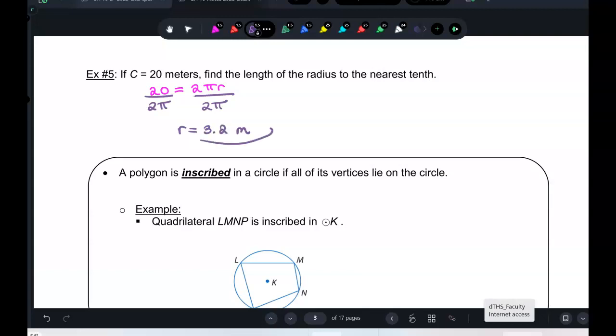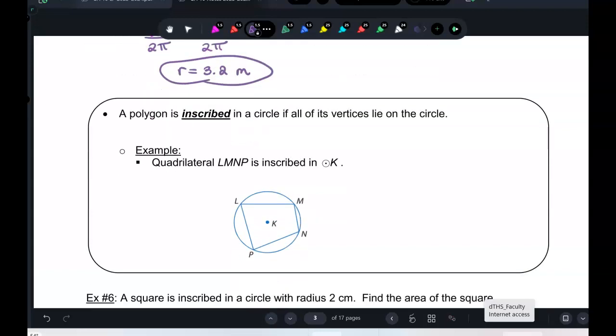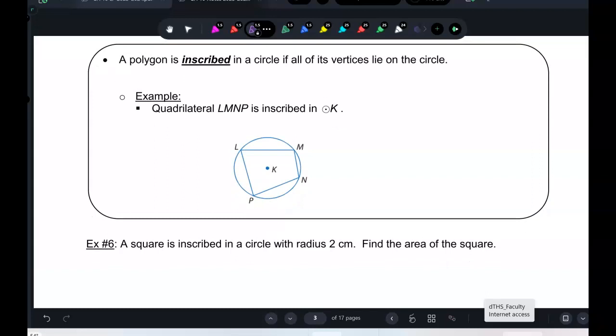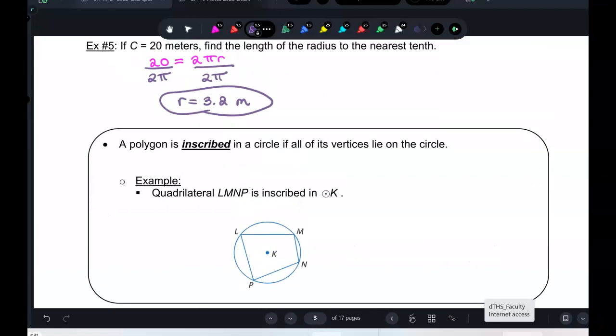And meters. I noticed I didn't take off points on the test if you didn't have the right units. When we get to our area, surface area and volume chapter, we're going to have to include them. Just FYI, I've been generous with not taking off any points, but it's going to come up where if you don't have the correct units, I will.